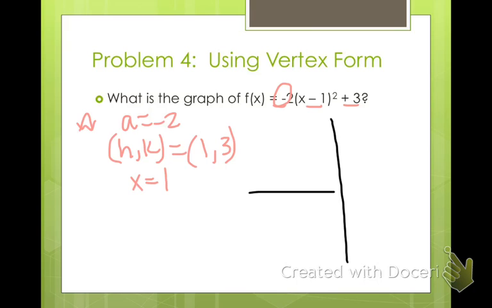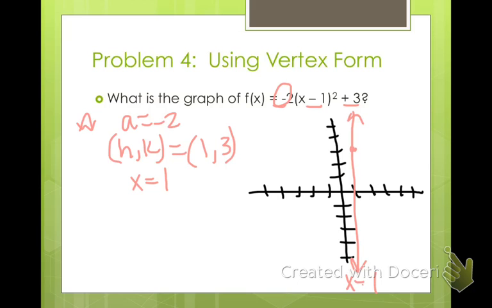So I'm going to go ahead and just do a quick sketch here. Alright, so 1, 3 is right here. And here's our line, x equals 1, that we're going to reflect across. We know it should open down, so let's pick a point. So 2, let's do 0. I like 0.